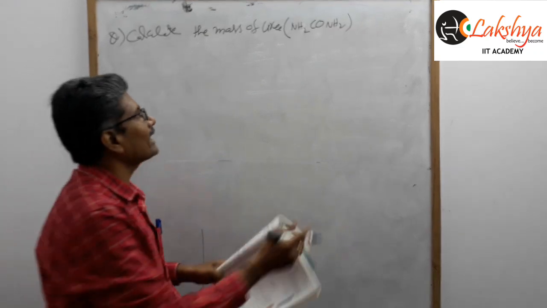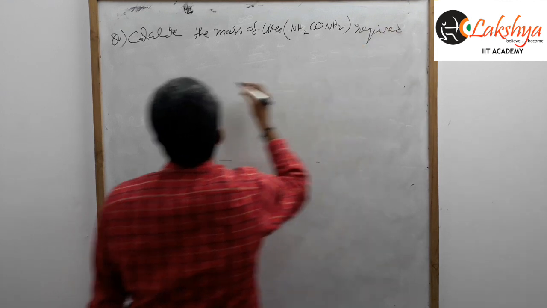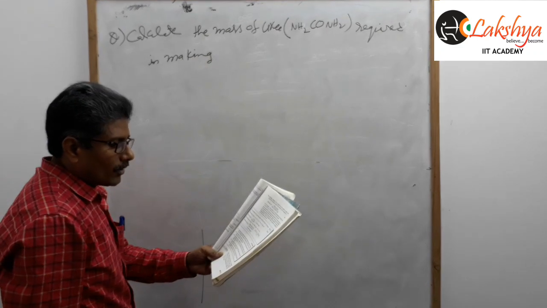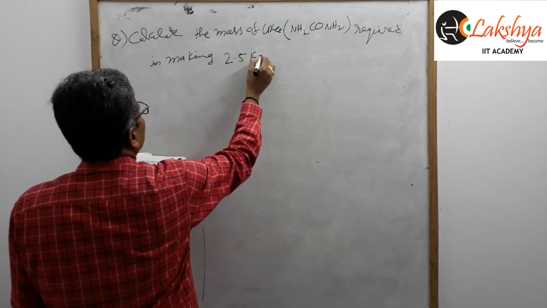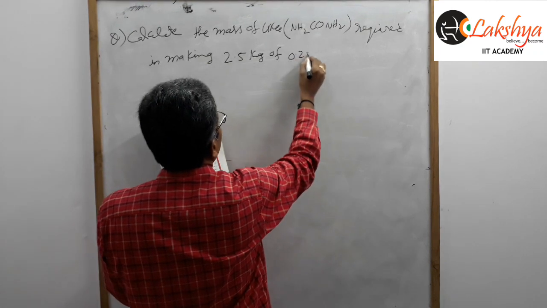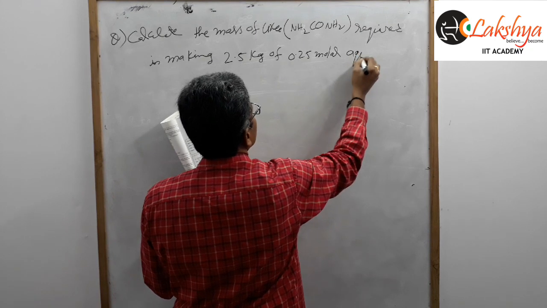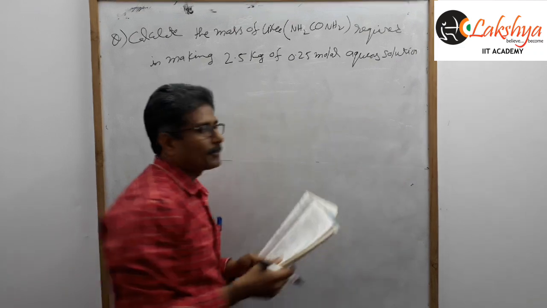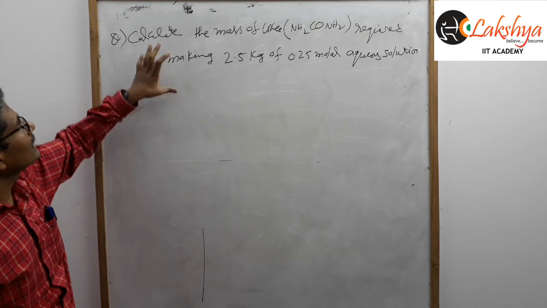Mass of urea required in making 2.5 kg of 0.25 molar aqueous solution. This is the question.